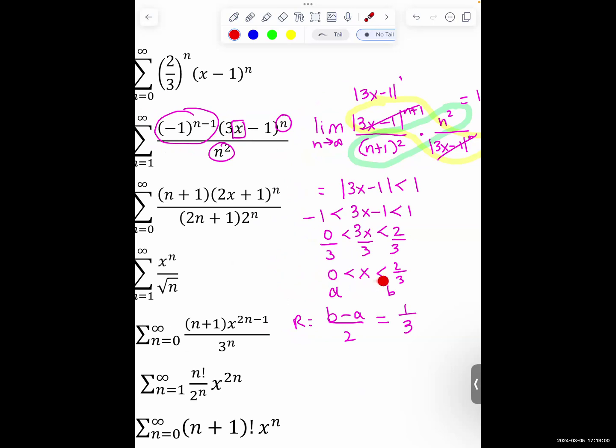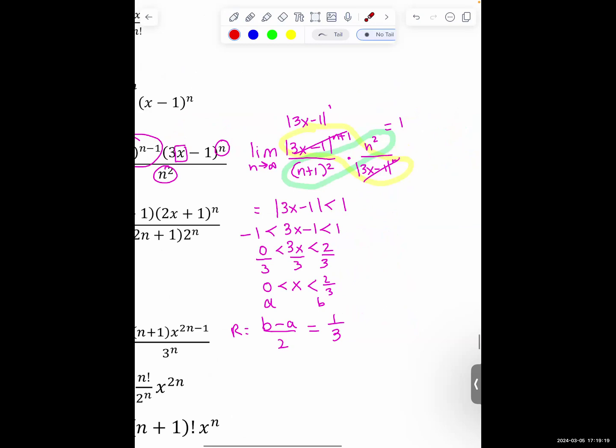There's technically an infinite number of numbers between 0 and 2/3 for which, if I pick that value and plug it back in, it's going to spit out an absolutely convergent series. The conditional convergence part can only occur at 0 or at 2/3.